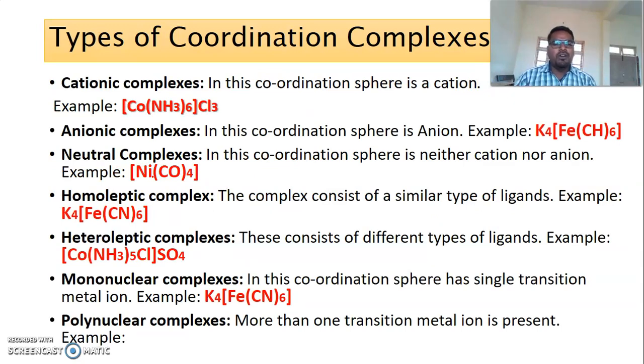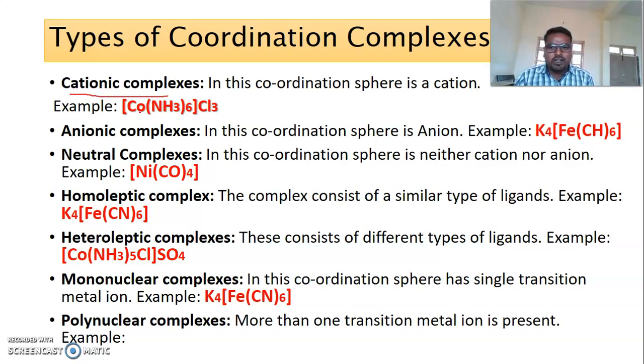Next, types of coordination complex. Based on the charge and the type of ligand attached to the central metal atom, these coordination complexes are classified in 6 ways. The first one is cationic complexes.